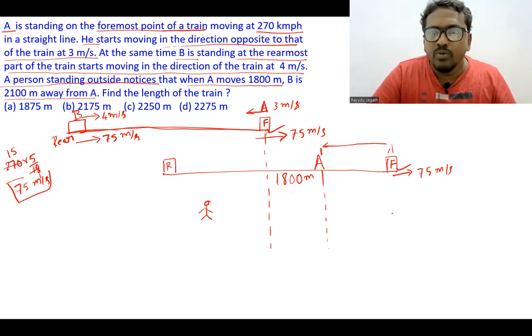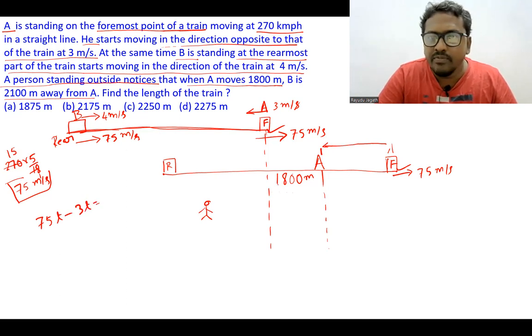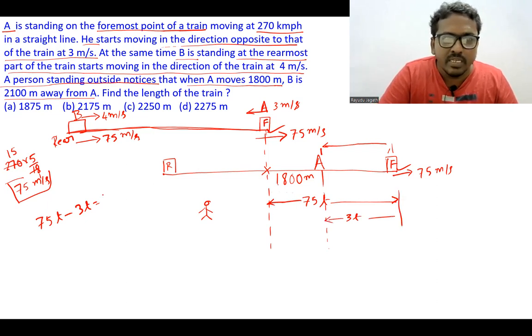So we write: 75 into T minus 3 into T is equal to 1800 meters. Here 75 into T is this whole distance, and in the positive direction, minus 3 into T is this distance.